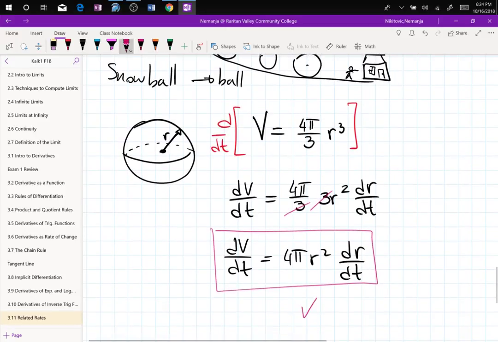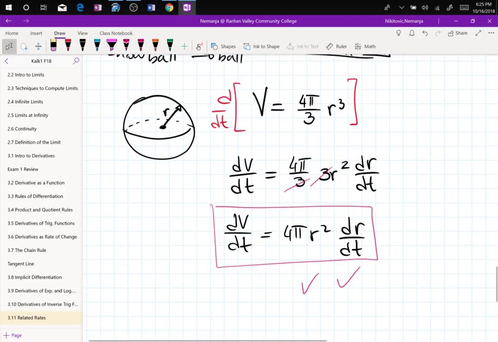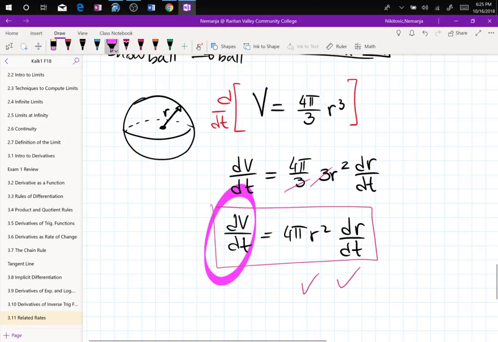So if you provide me with two pieces of information, which is the size of the radius and how fast the radius grows at that time, I can tell you how fast the volume is growing at that time. So what you need to understand is that you actually have three variables here. You have the change of volume in time as a variable, you have the radius as a variable, and you have dr dt, which is the change of radius in time as well.